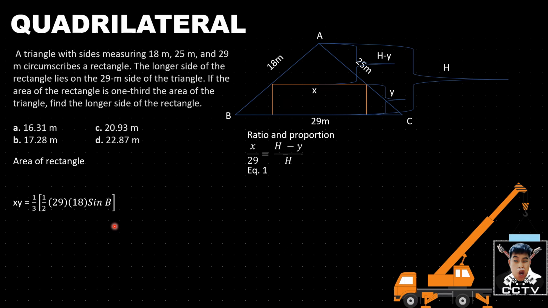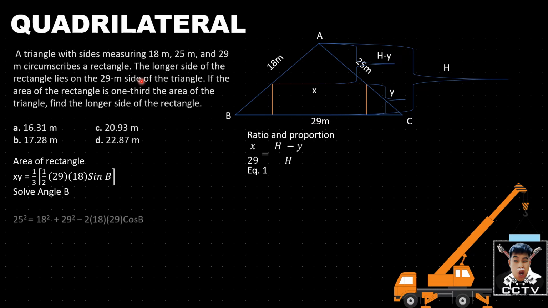Ang area naman ng rectangle is, ito nga, xy is equals to 1/2 times 29 times 18 sin B, the area of the triangle, times 1/3 lang. Kasi sabi nga dito, the area of the rectangle is 1/3 the area of the triangle.